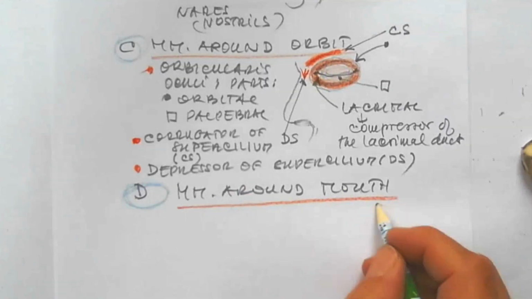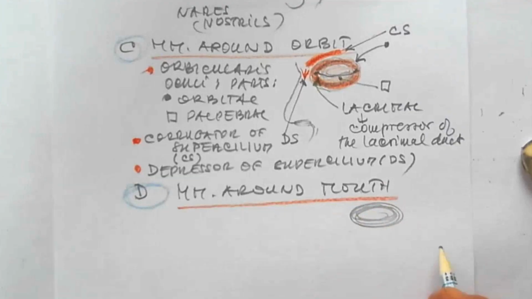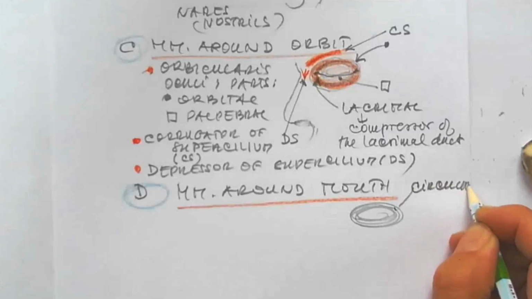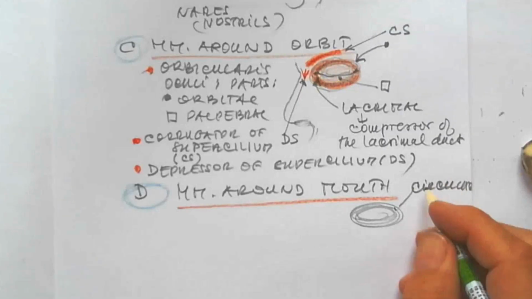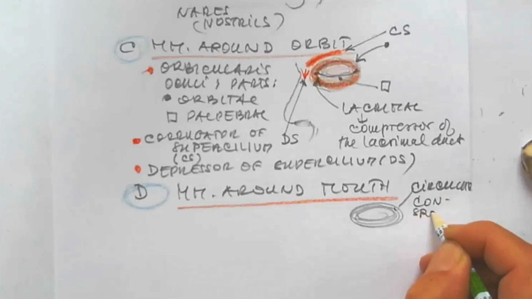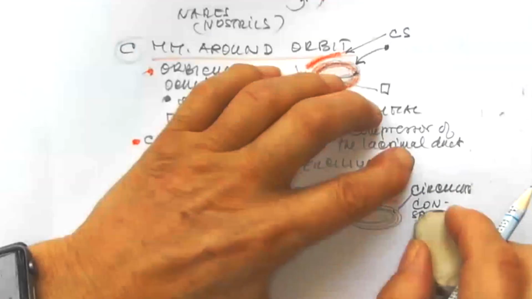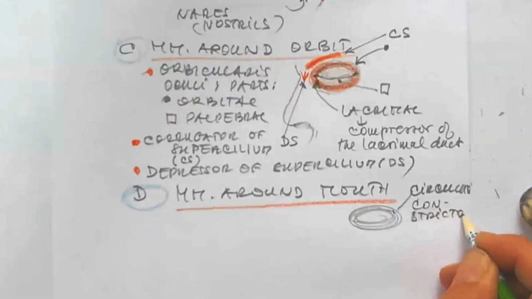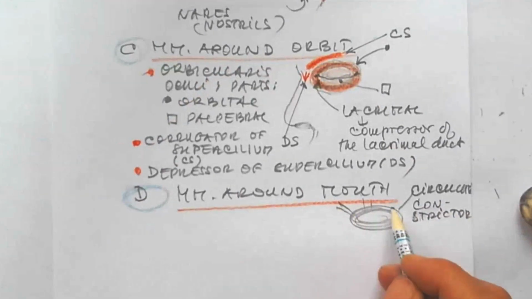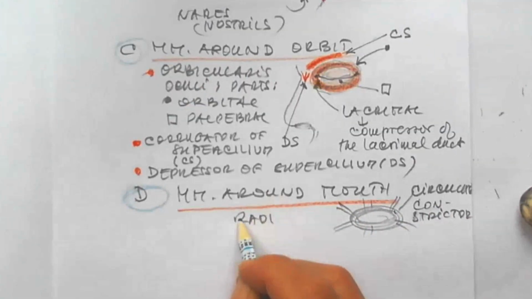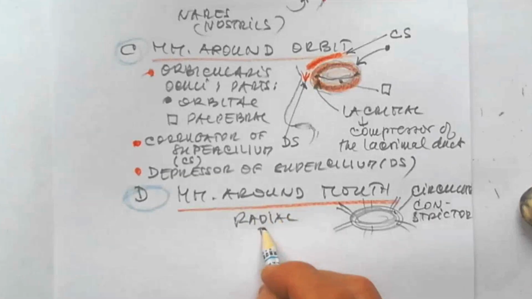They are circular, a circular constrictor, better than sphincter, a circular constrictor, and radially passing radial dilators.